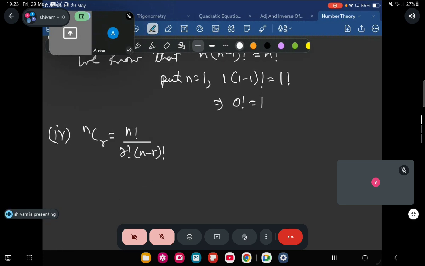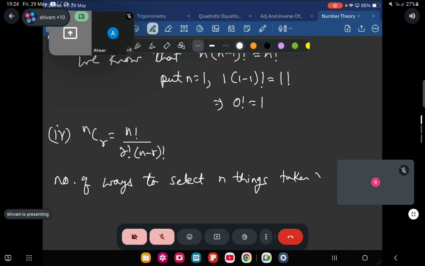The literal meaning of nCr is the number of ways to select n things taken r at a time, or the number of ways to select r things out of n things.